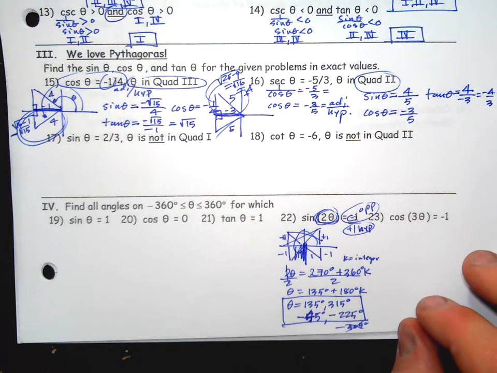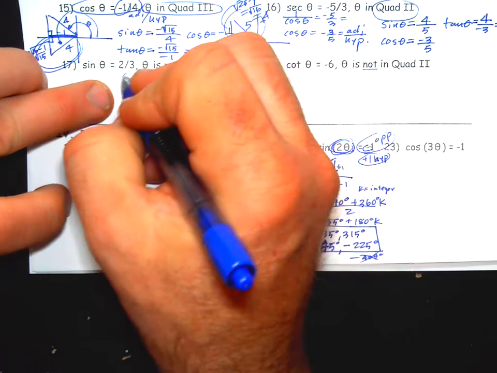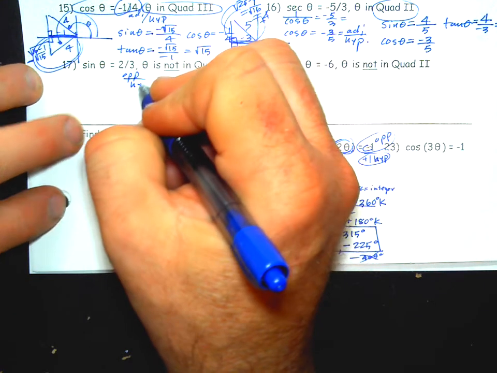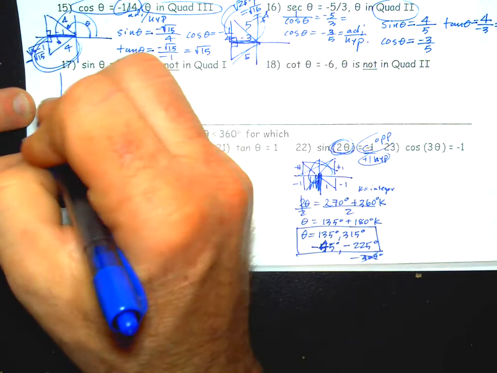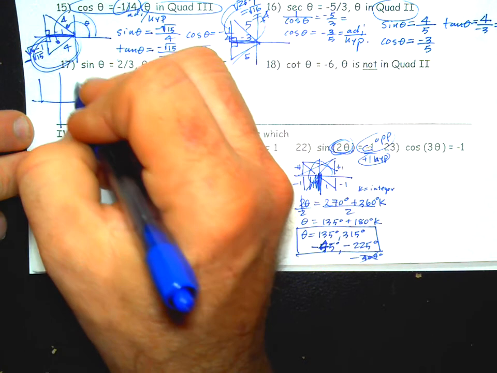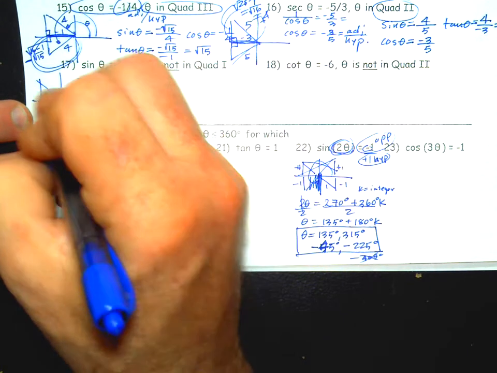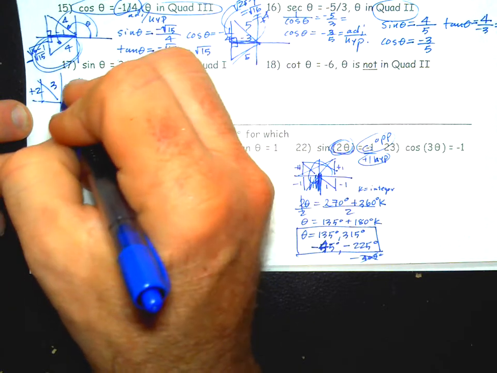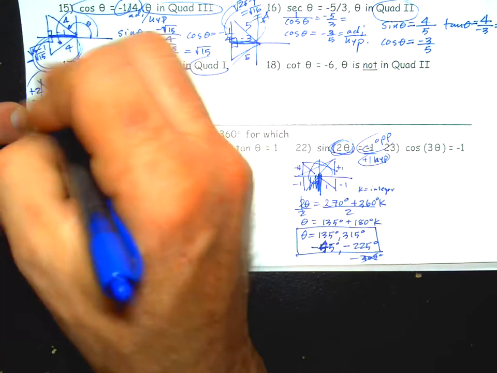There we go. Okay, next one, sine is opposite over hypotenuse. It's got to be positive. So where is the opposite side positive? Either here or here. Those are the places, right? Positive 2, positive 2. Hypotenuse is 3 and 3. We want quadrant 2, not quadrant 1. So this is the one we want.